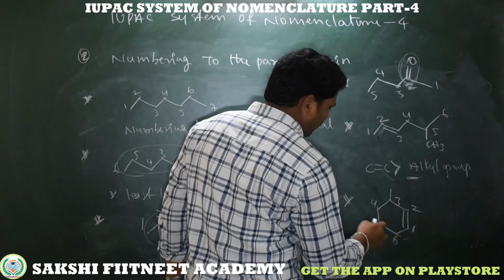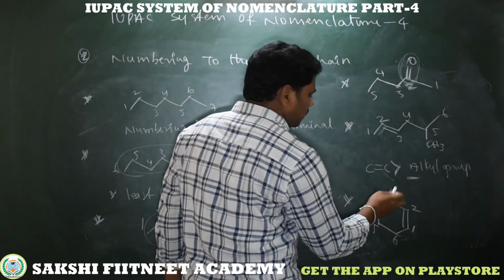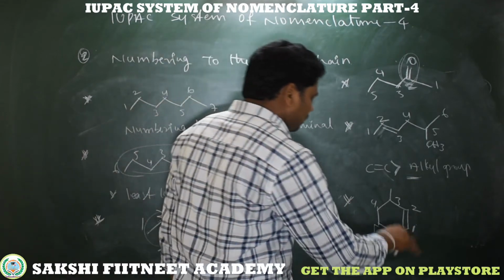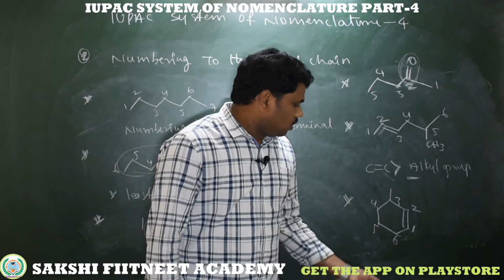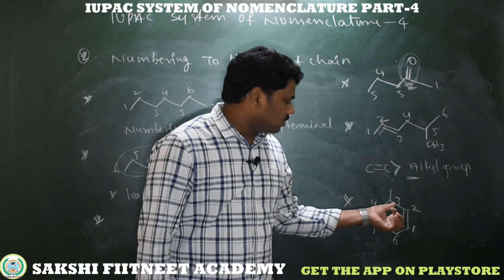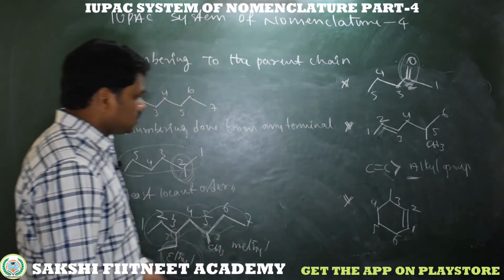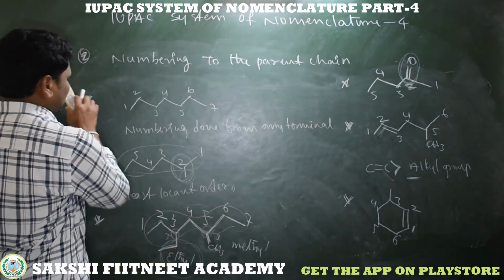So in this way, in anti-clockwise, we are covering the unsaturation as well as the substituent with a lower numbering. Means we are following least locant order. So first, second, third, then go to the next chain. So this is the numbering in that case if the molecule has such characteristics.